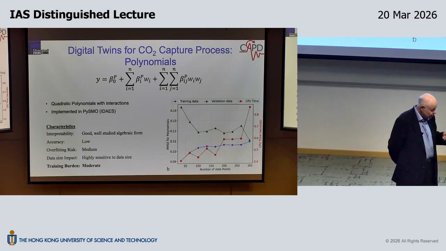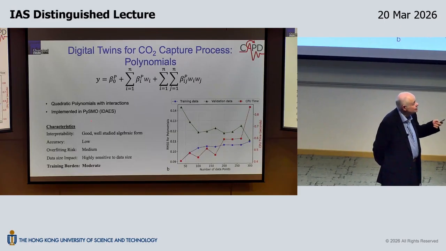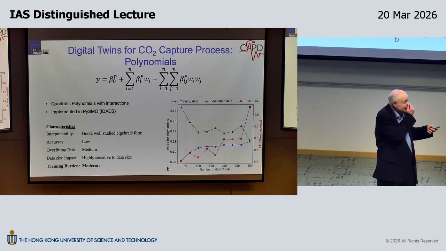Not too bad, but what we find out is it's not terribly accurate, okay? So you're seeing training data over here as the problem size gets bigger. The validation data gives much larger errors, you can see over here. And eventually it settles down, but not at a great level of accuracy. And this is the CPU time, which is actually quite fast, okay? So that's one way to do it, but it's not the best way.